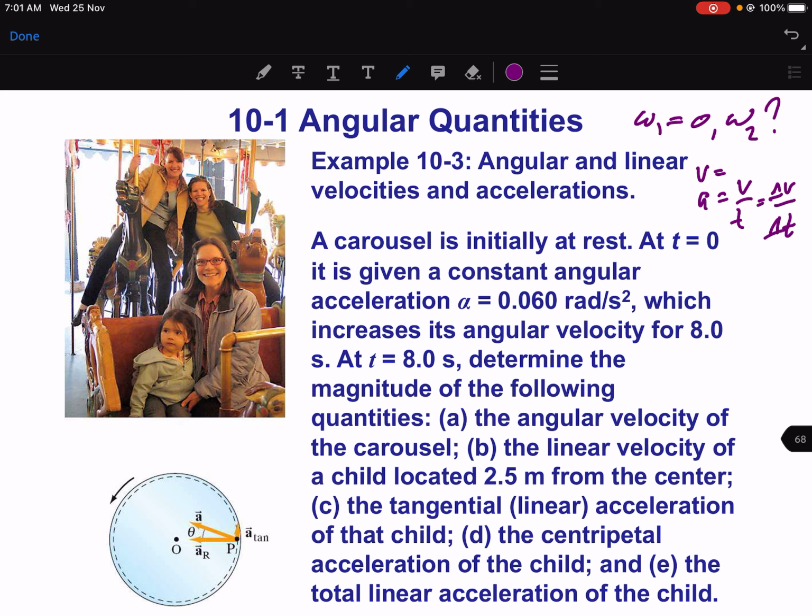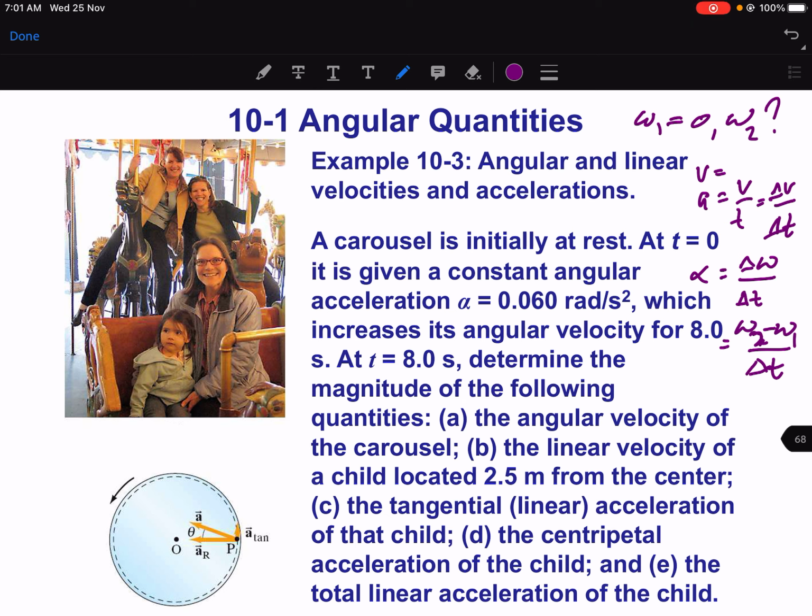So in the case of angular, it's similar: alpha equal to delta omega over delta t, or omega 2 minus omega 1 over delta t. Omega 1 is 0, so omega 2 is the one that we're going to look for. Delta t is 8. Alpha is given 0.06, so you can find from here.